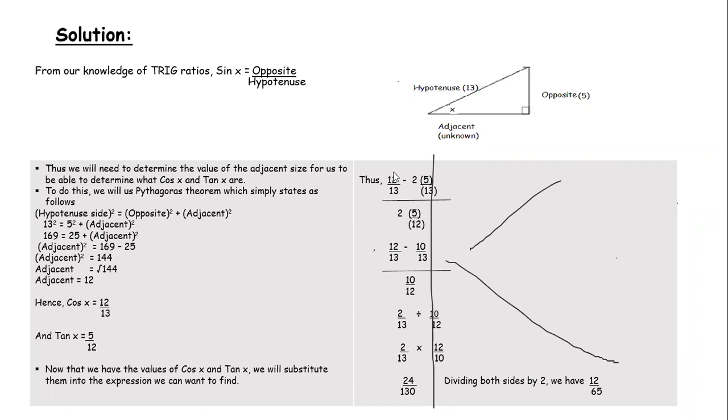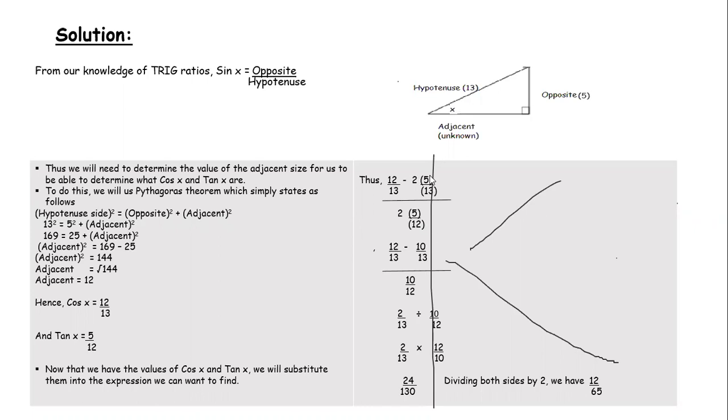The 12 over 13 is our cos x, the 5 over 13 is our sin x, and the 5 over 12 is our tan x. Thus, we have 12 over 13 minus 2 into 5 over 13, everything divided by 2 multiplied by 5 over 12.